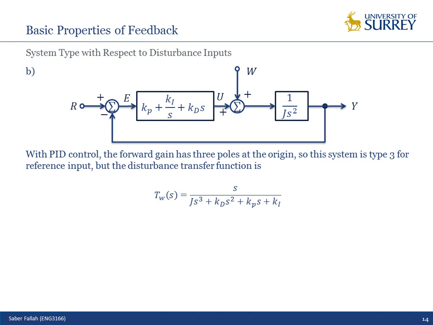I have a non-zero constant steady state error for ramp input, but infinite steady state error for the higher order disturbance input. So I improve the steady state error of the system for a wider range of disturbance input. One step more robust to the disturbances. That's why PID is better in terms of controlling the steady state error compared to the PD controller.